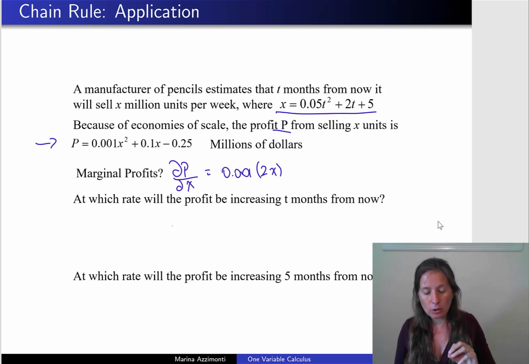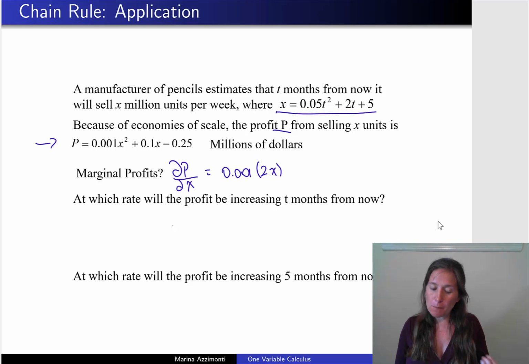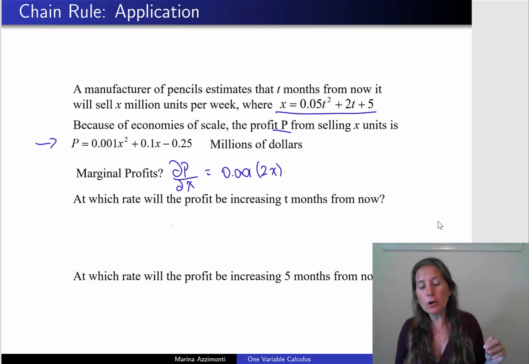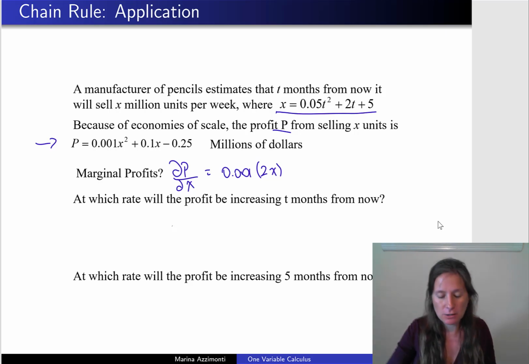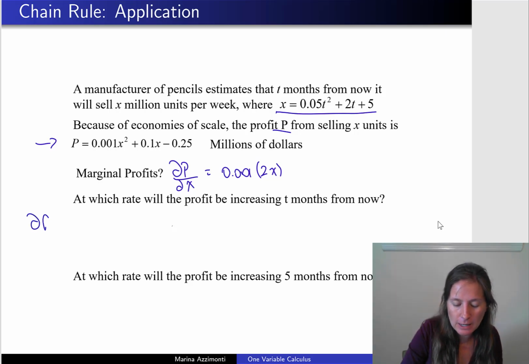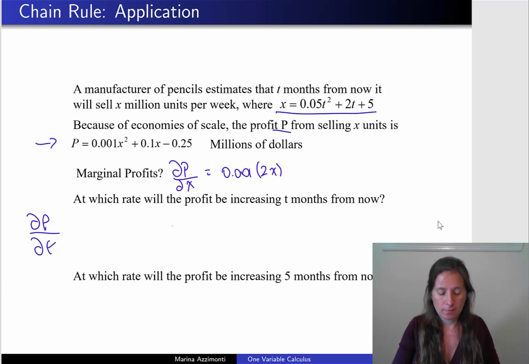So this is asking you not about the marginal profit, not how much more money you're going to make if you sell more units, but how much will your profit be increasing when T increases marginally, T months from now. So basically what you're being asked here is, what is the change in profits when T grows by 1 unit?